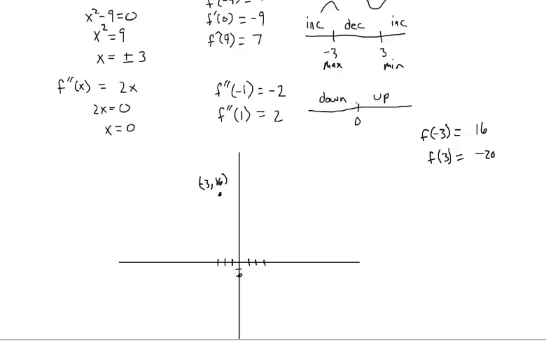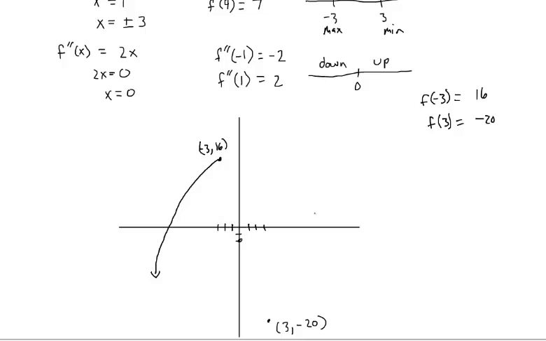So from negative infinity to negative 3, we're increasing, and we're concave down. So here we can start at this maximum point and draw our curve down and concave up. And now at this point, we're concave down still, and we're decreasing from negative 3 to 3. But our inflection point is at 0. So here at this point, we need to change concavity.